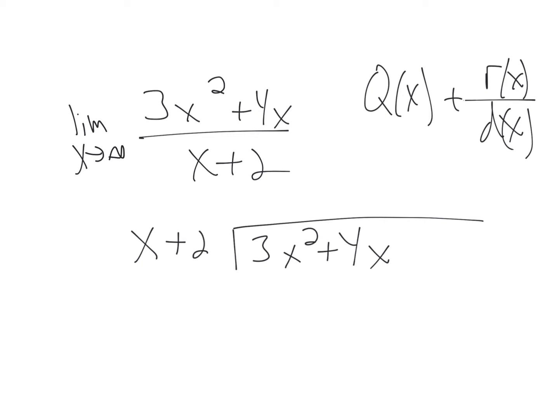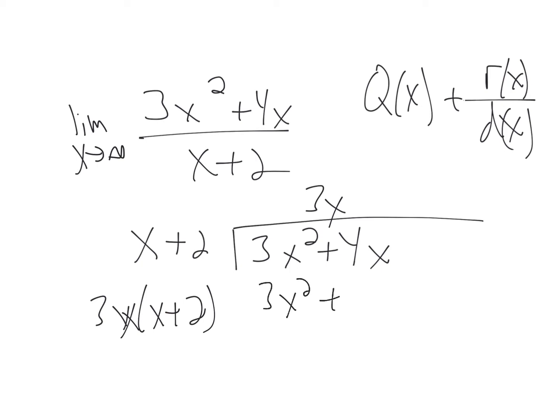So in this case, what times x is 3x squared? Well, that's going to be 3x. So then I'm going to multiply. I'm sure you probably remember doing this, but I'm going to do it slowly in case you don't. 3x times the divisor gives 3x squared plus 6x. Remember, then we change our signs because we're subtracting. That way the 3x squareds are gone.